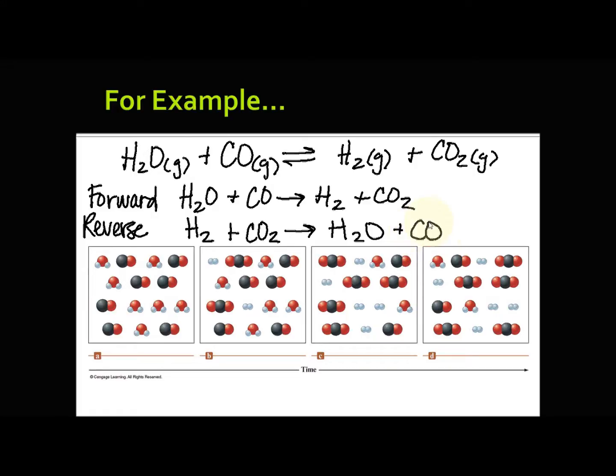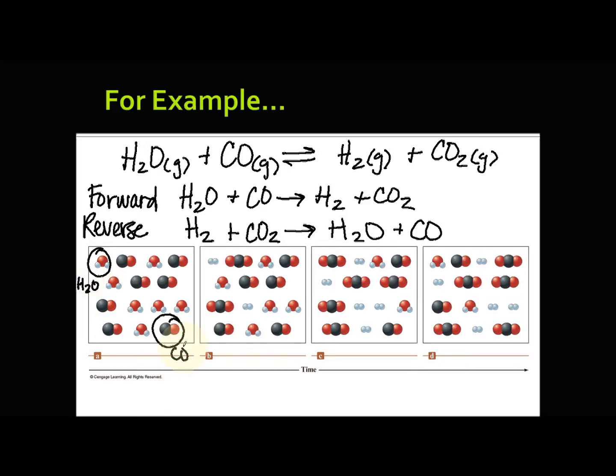This picture is on the next page of your note packet. It's also found on page 609 in your book. So we have H2O molecules and CO molecules all in a closed vessel.